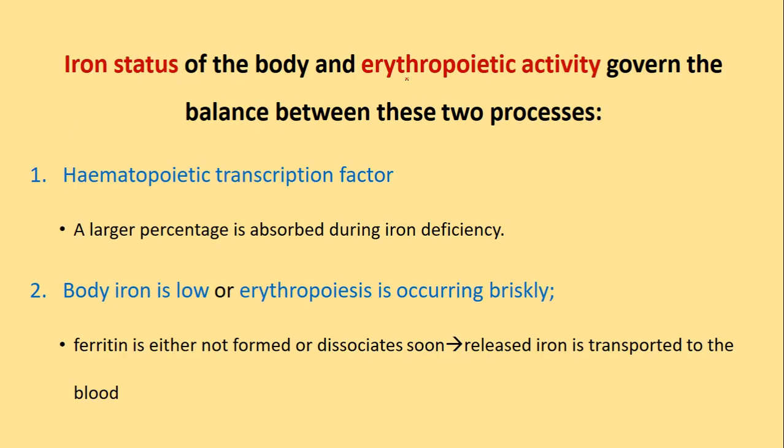The iron status of the body as well as erythropoietic activity is dependent on two processes. One is the hematopoietic transcription factors. Iron will be absorbed in larger percentage if there is iron deficiency, and if the body iron is low or if erythropoiesis is occurring briskly, either the ferritin will not be formed at all, or the ferritin present in the body will get dissociated very soon.